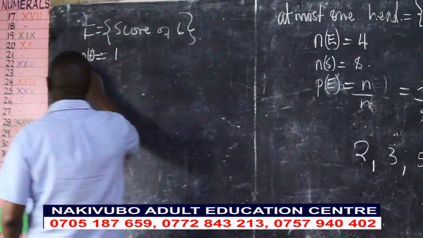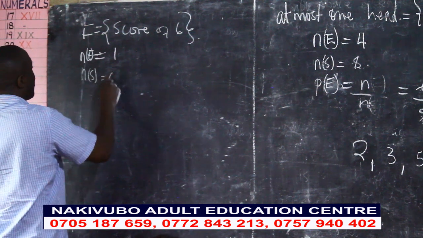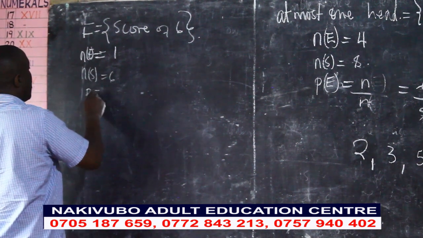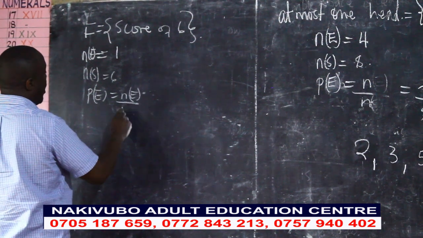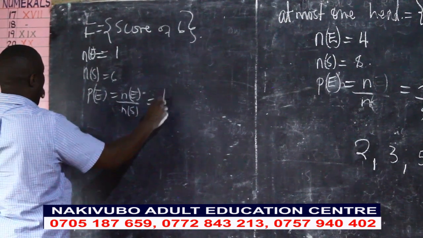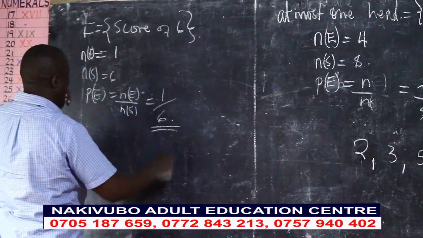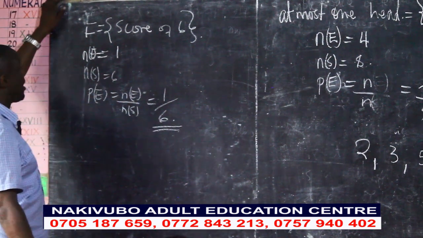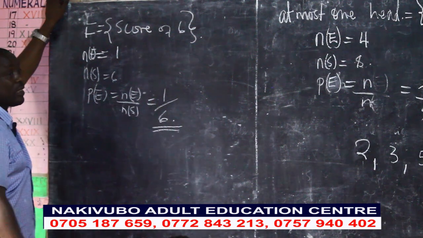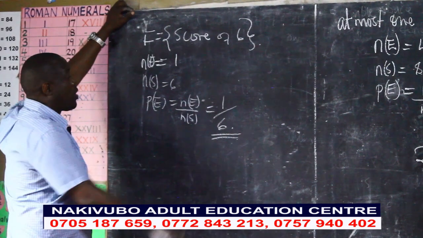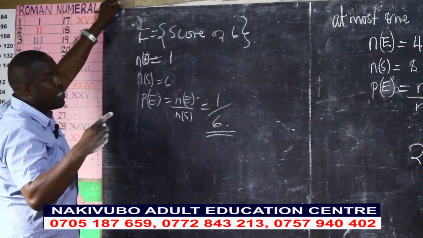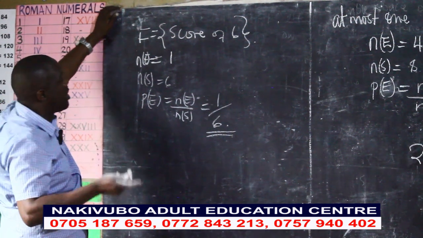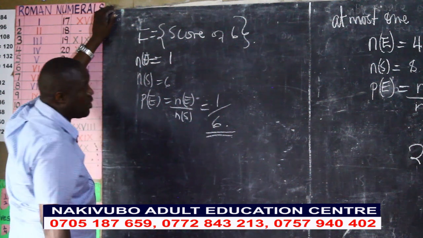What about NS? It is 6. So P(E) is equal to NE over NS, 1 over 6. That is the answer. So you can score 6 once in 6 chances.